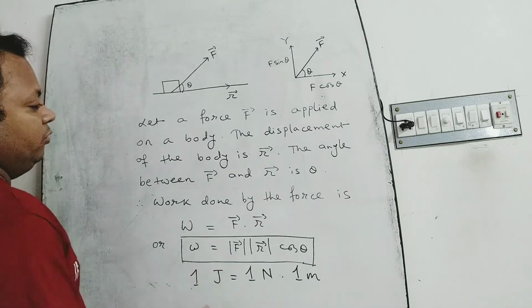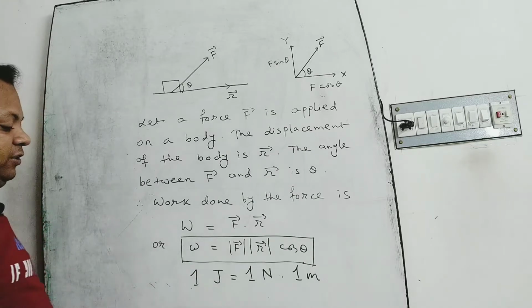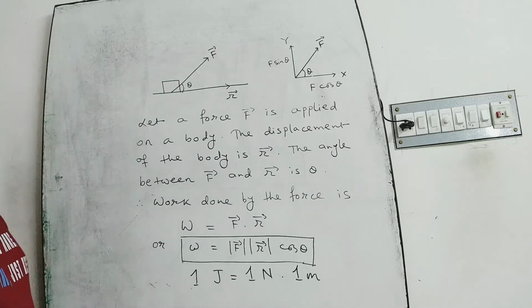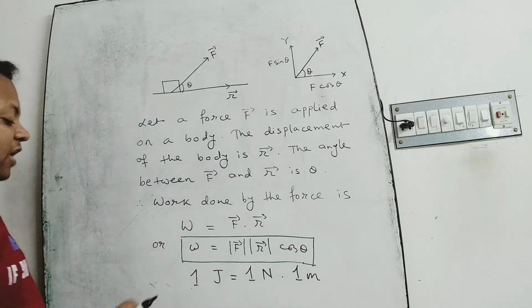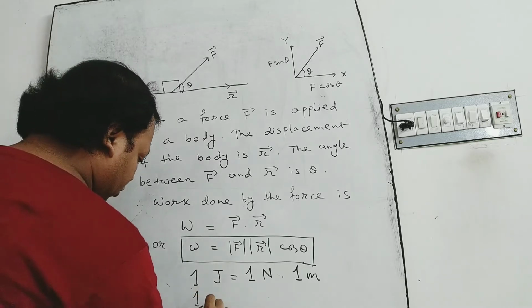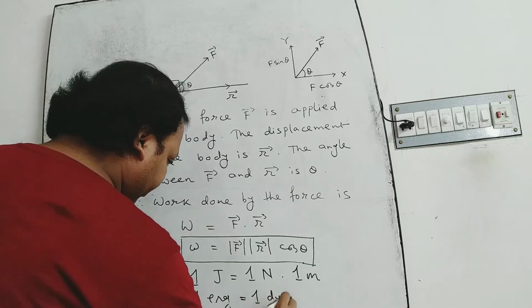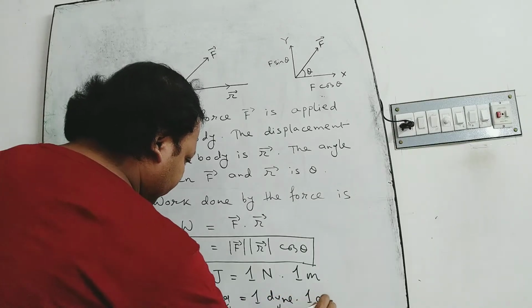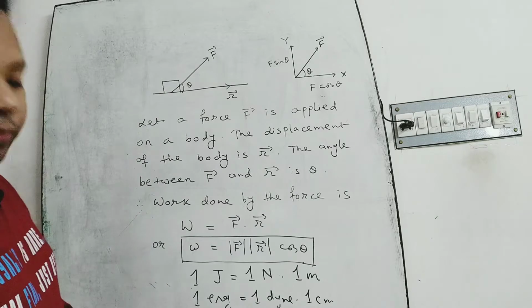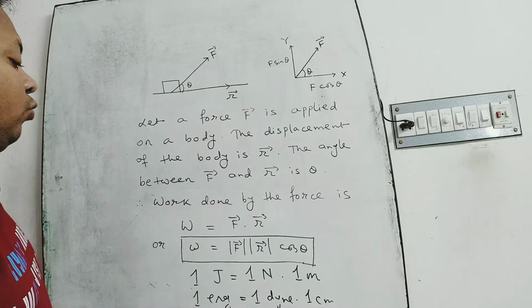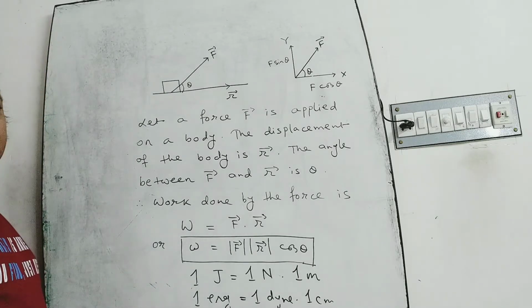Joule is the unit of work done in the SI system. In the CGS system, the unit of work done is the erg. 1 erg is equal to 1 dyne into 1 centimeter.